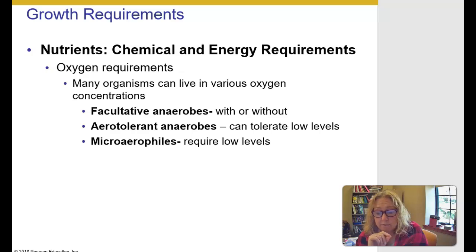That's facultative anaerobes. Aerotolerant anaerobes can tolerate only low levels of oxygen, and microaerophiles require just a very low level. So these are just varieties of different kinds of anaerobes.